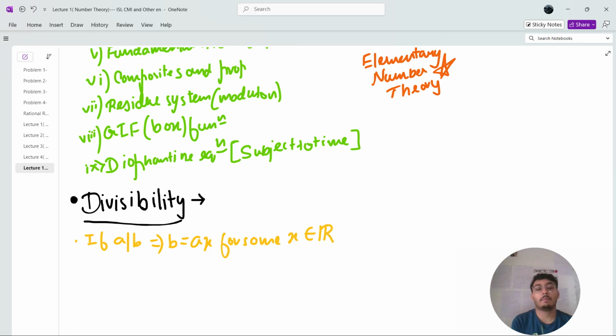So suppose B is 15 and A divides B. The factors of 15 are 1, 3, 5 and 15. If I give A to be 3, then 15 is equal to 3 into something, so X becomes 5 here. So B is 15, A is 3 and X is 5.